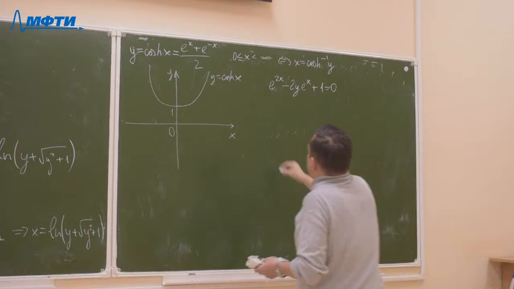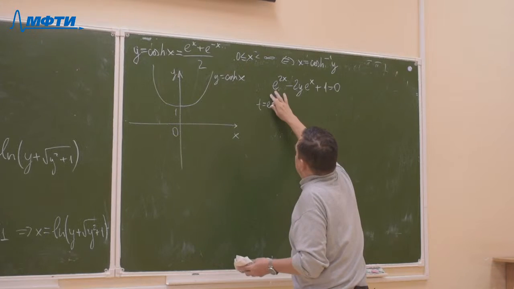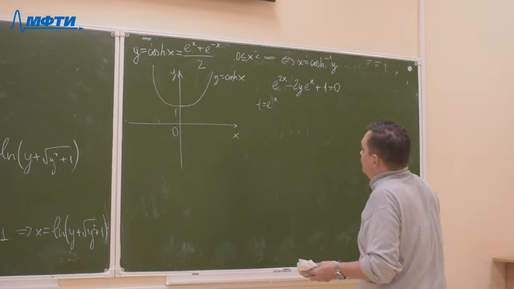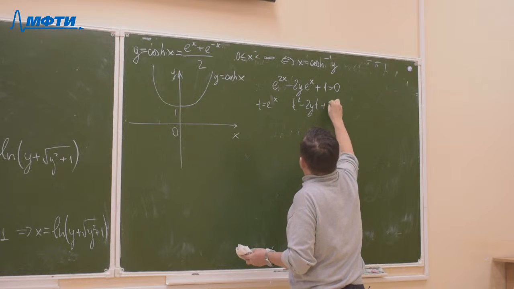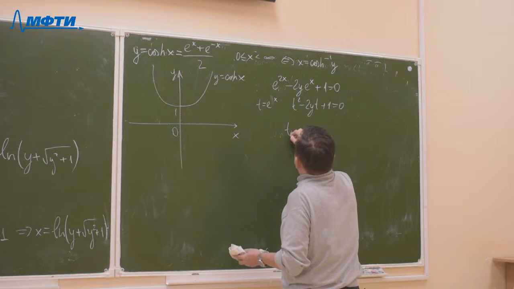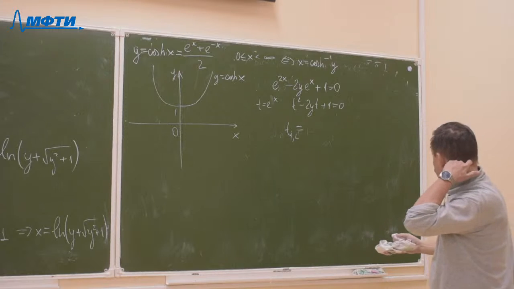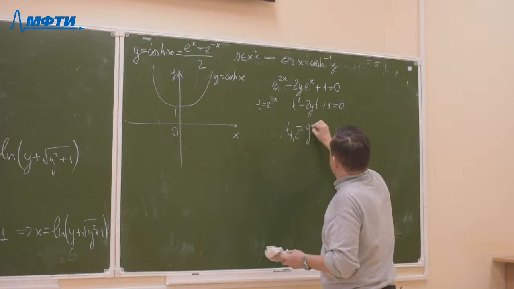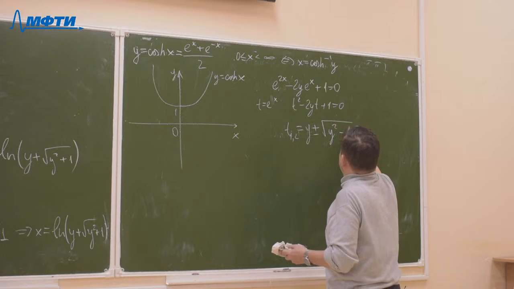Again, we denote t equals e to the power x. We have t squared minus 2yt plus 1 equals 0. t has two values: y plus or minus square root of y squared minus 1.